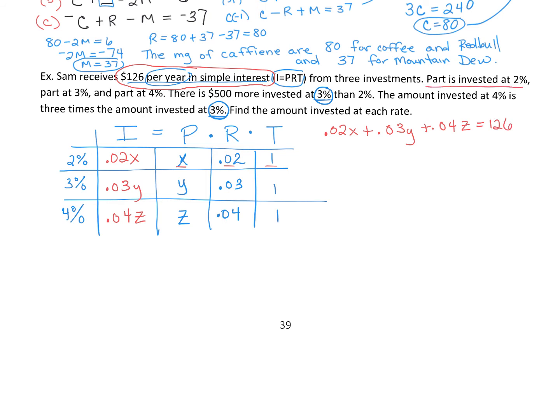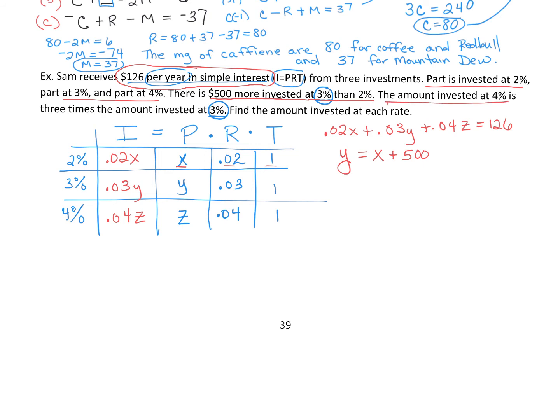Part in each account, and we have $500 more in the 3% than the 2%. So I'm going to say that the 3% account, which is Y, that amount is X plus 500. So that means that my 3% account is going to have $500 more than my 2% account.